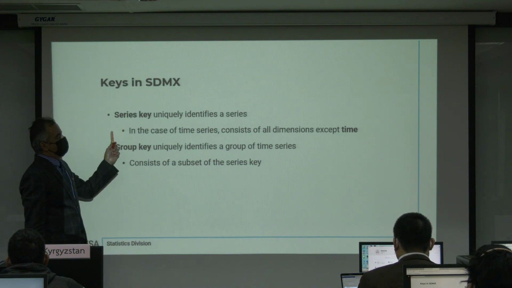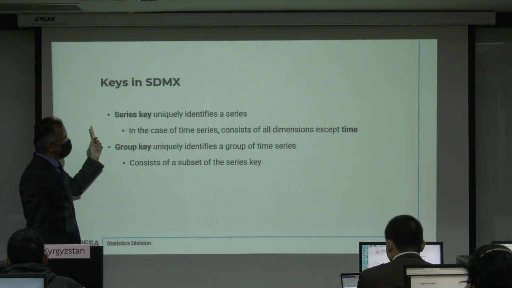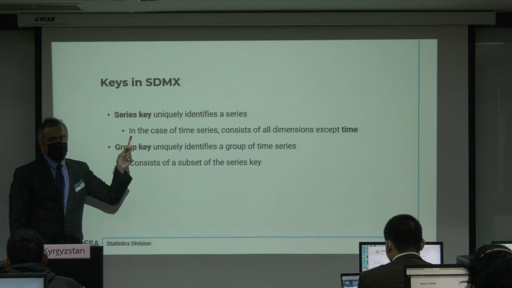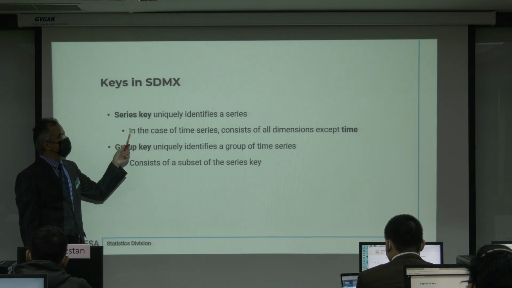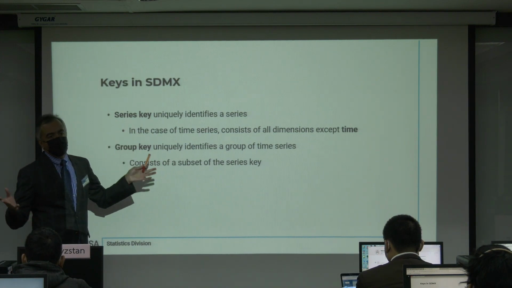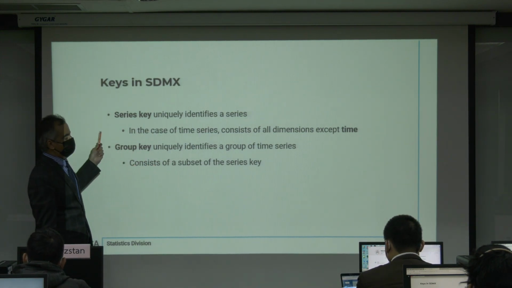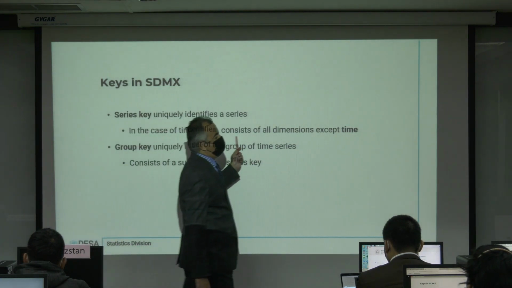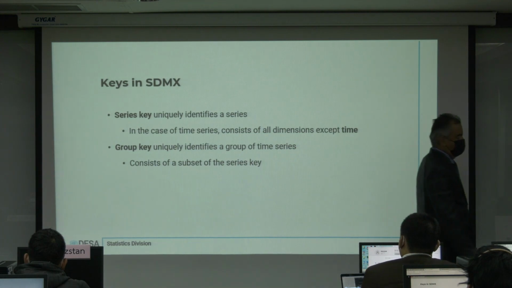In the same way, it works in SDMX. A series key uniquely identifies a series, and because almost always a series is a time series, the key consists of all dimensions except time.